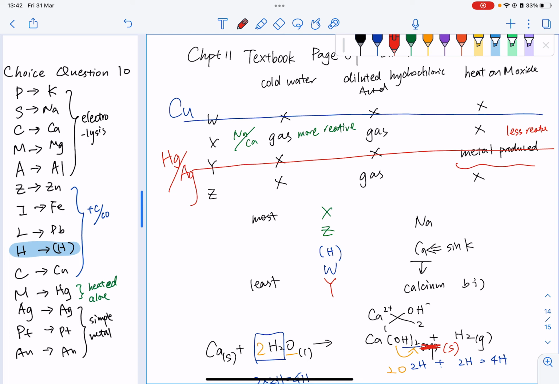So these two can undergo reduction and form their metals by themselves. So let's record it. It will be HgO, undergo heating, and it will form mercury and also oxygen. So liquid and gas. These will be the two answers for part C.